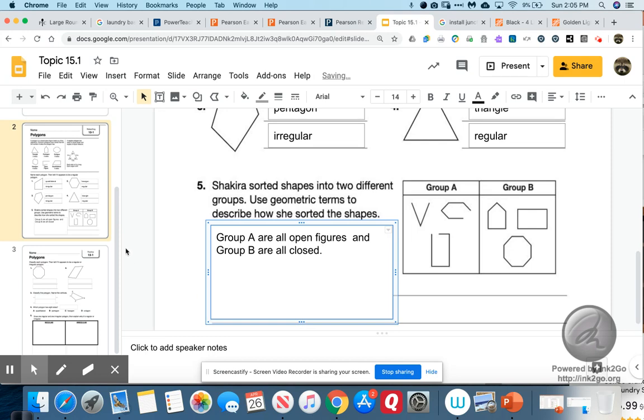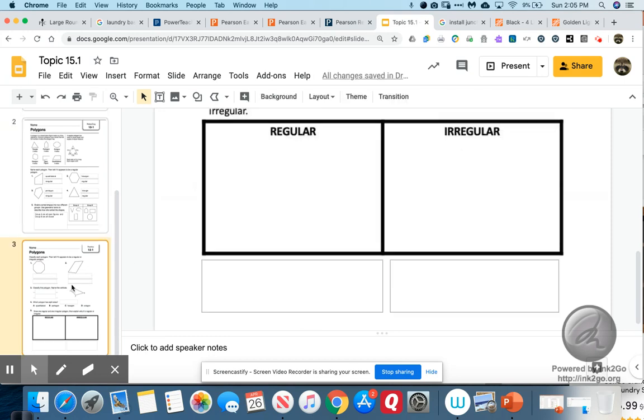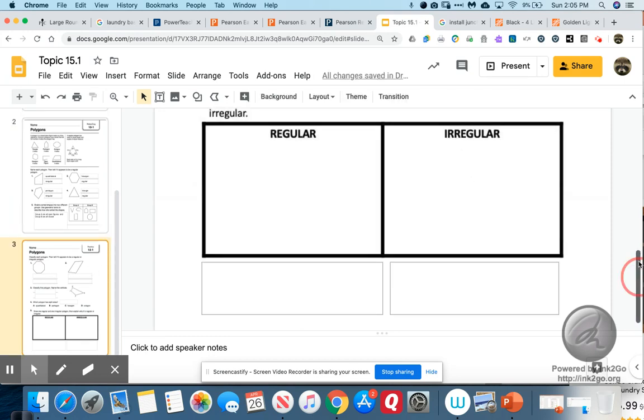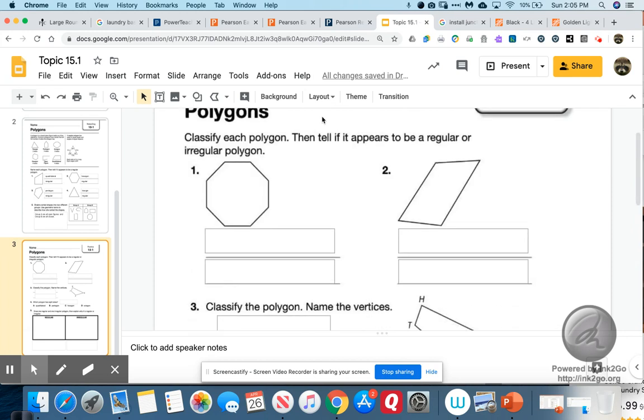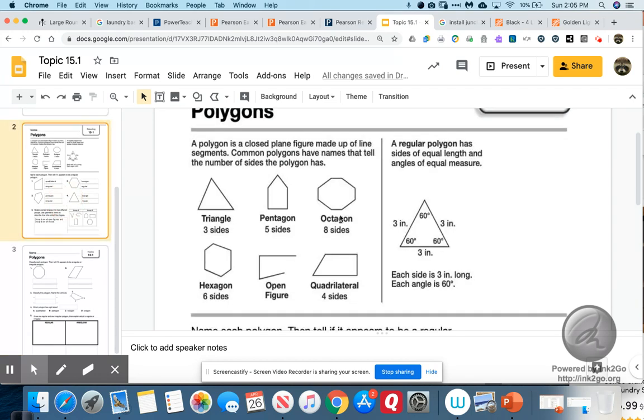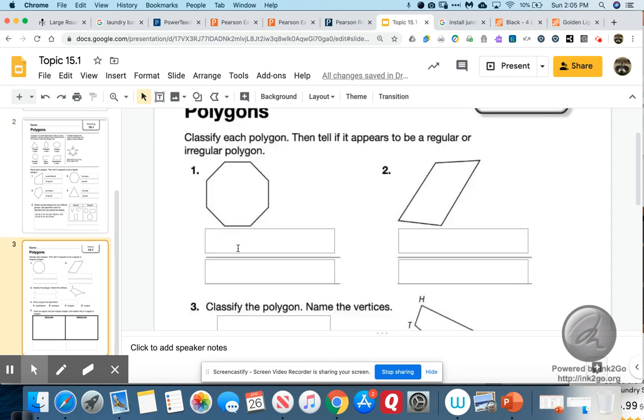Okay. So now let's look at our next page. Again, you're just classifying the polygons. This one has 1, 2, 3, 4, 5, 6, 7, 8 sides. And we know an 8-sided figure is an octagon. So it is an octagon. And is this regular or irregular?